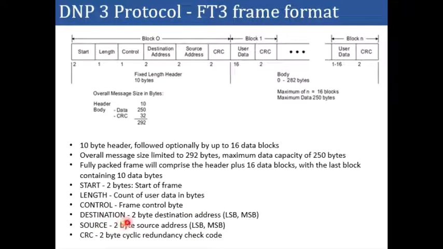The destination section is 2 bytes, which stores the destination address, and the source will contain the 2 bytes of source address, and then 2 bytes of CRC, that is the cyclic redundancy check code, is embedded. So in this way we have 10 bytes of header.